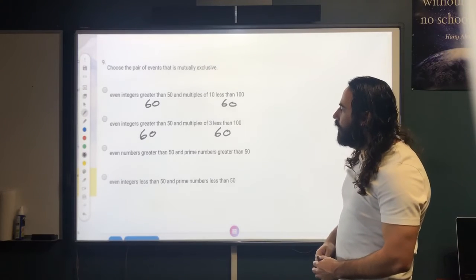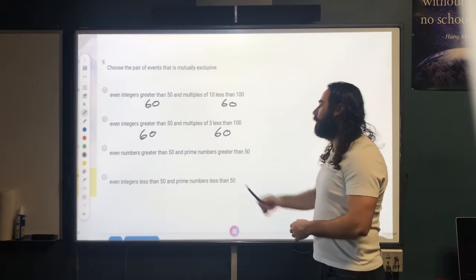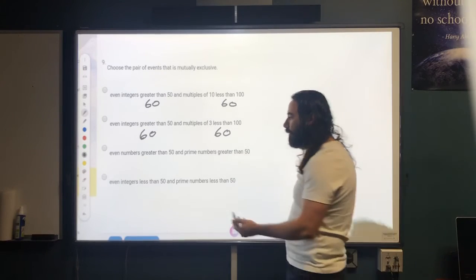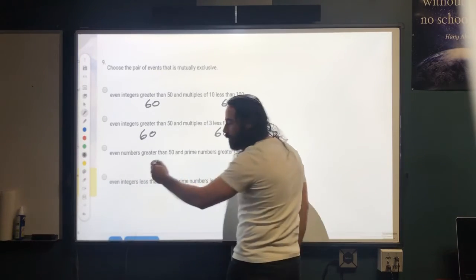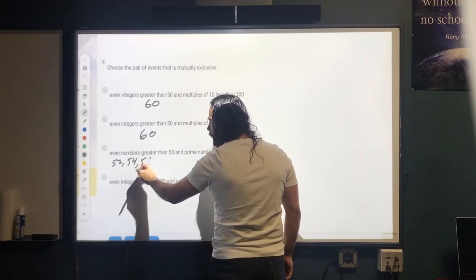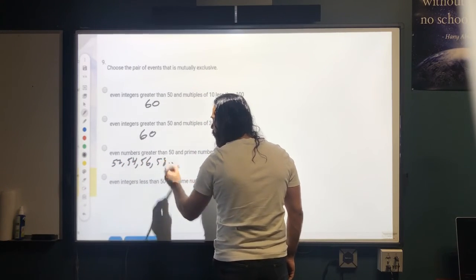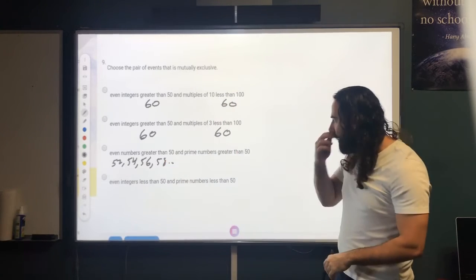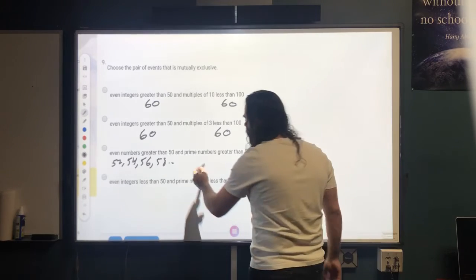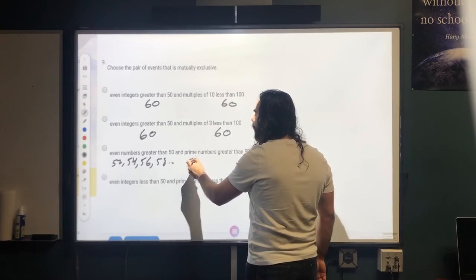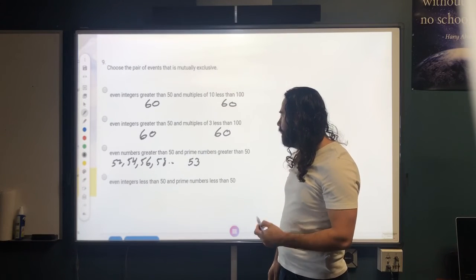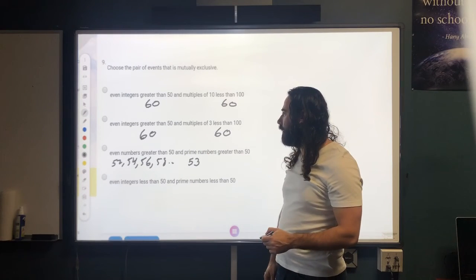The third one: even numbers greater than 50 and prime numbers greater than 50. Even numbers greater than 50, we can get all of them: 52, 54, 56, 58, etc. And prime numbers greater than 50, for example, 53. 53 is a prime number, just to make sure, yes.